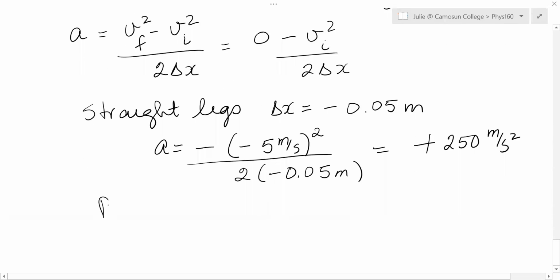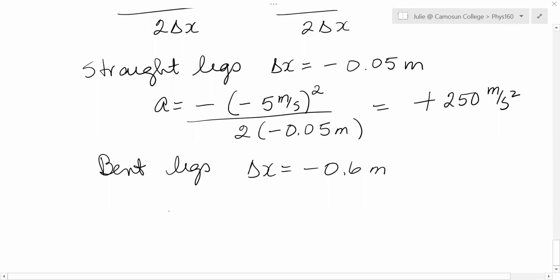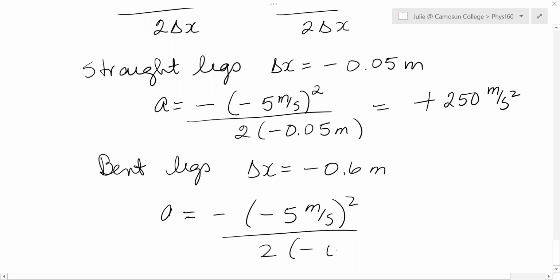But now let's do bent legs. That would do an awful lot of damage, where delta x is negative 0.6 meters. So then you really bend your legs. We get an acceleration of negative, same initial velocity. Now it's 0.6, so this is significantly smaller.